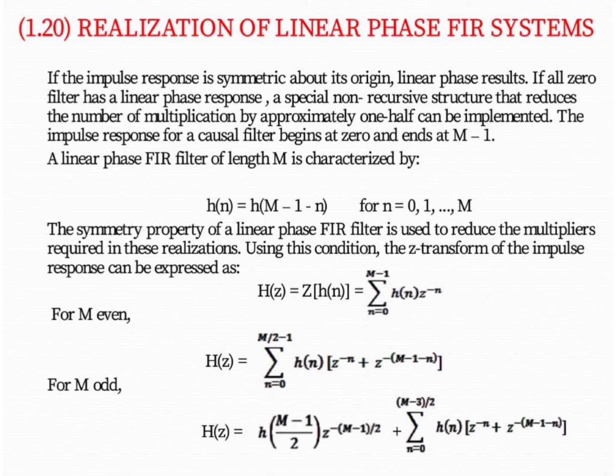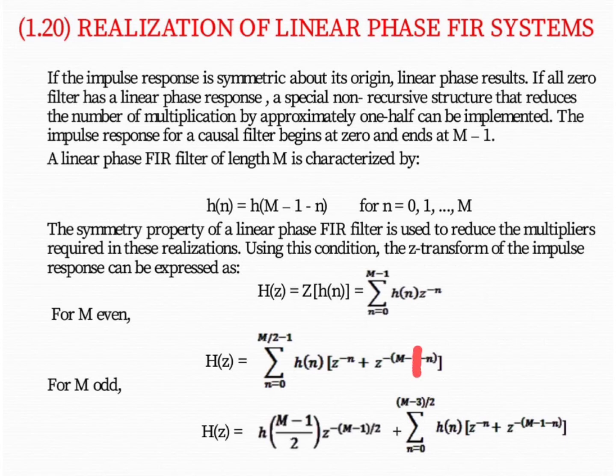Because of this linear phase property, there is one advantage: the number of multipliers we generally use in our system is approximately 1/2, because with the help of this linear phase property we reduce the number of multipliers generally used for implementation. So how much is the multiplier reduced here? 1/2 of the multipliers is reduced with the help of linear phase property.